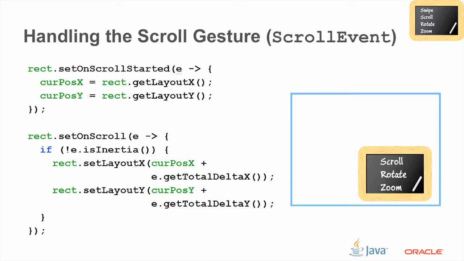And then as the scroll events come in and are continuously reported, it will be reported to the set on scroll event, and then that gets passed in, and we take the current position and add it to the total change of X and Y, and then we set the current position to that. And that's how we can keep the node positioned where the user is scrolling it.